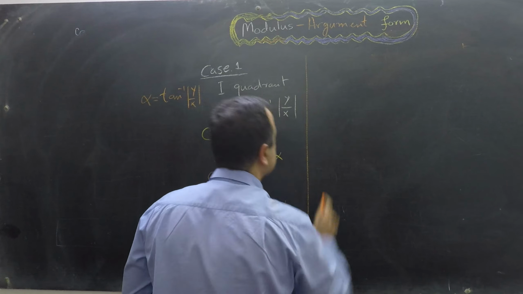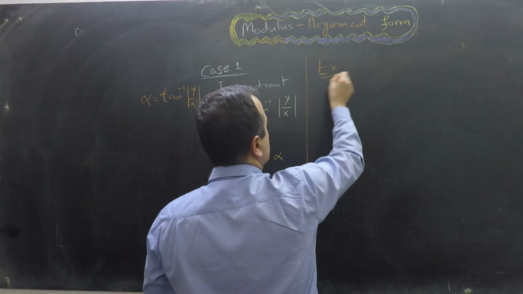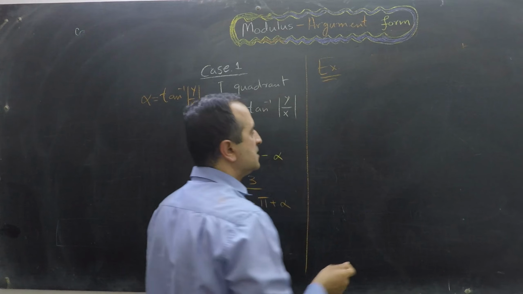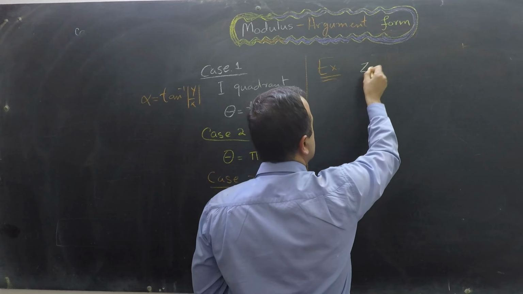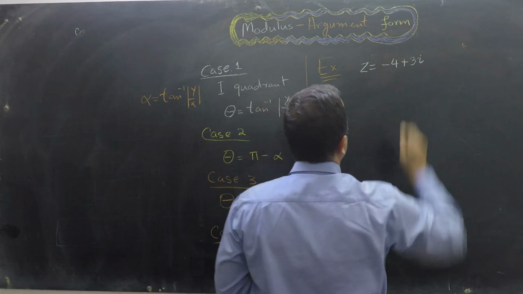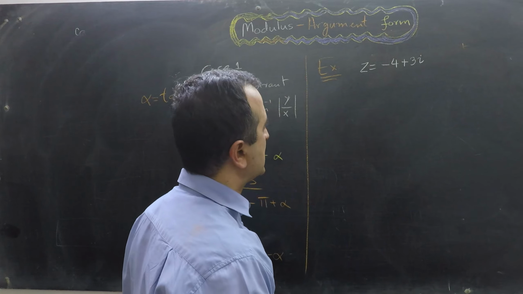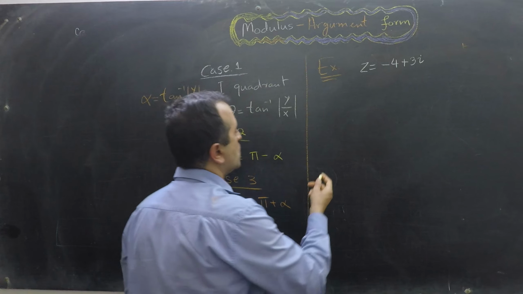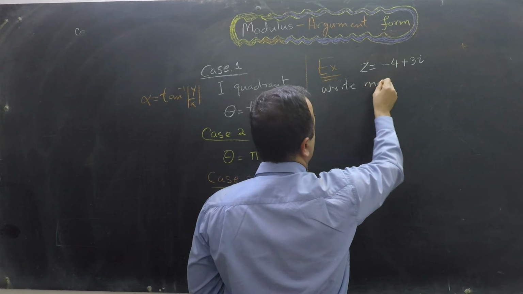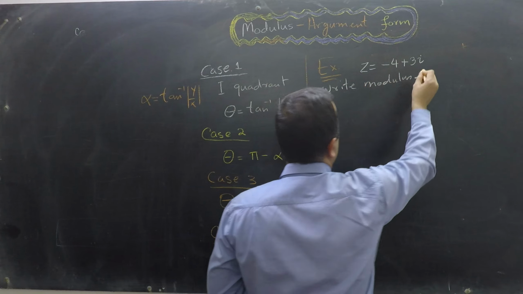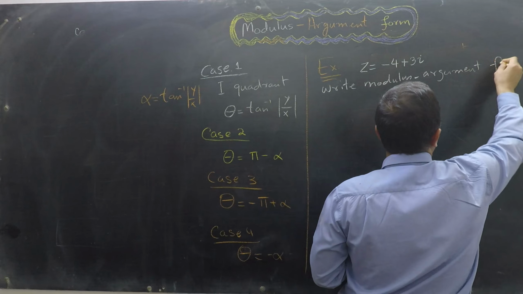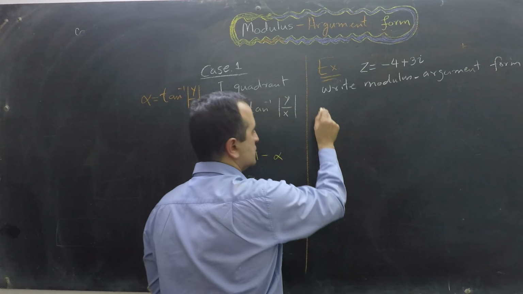In this example, I have been given a complex number in Cartesian form: z is equal to minus 4 plus 3 iota, and I'm asked to write the equivalent modulus argument form. So solution.